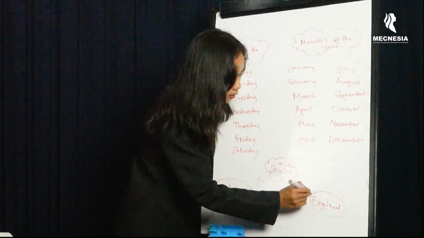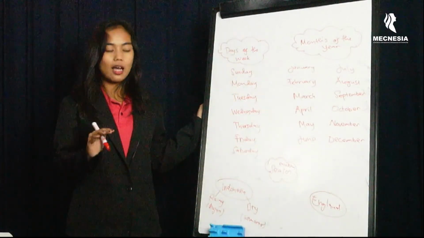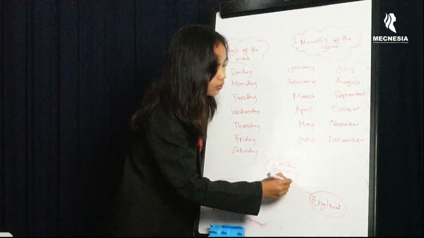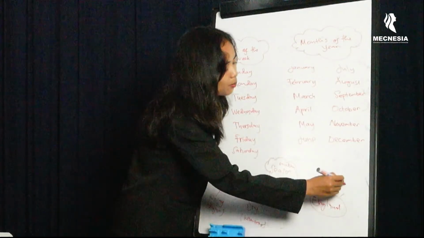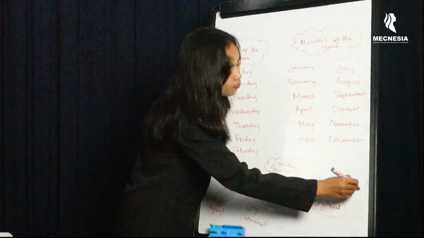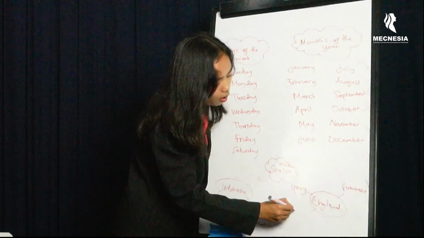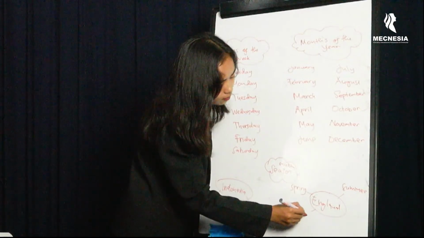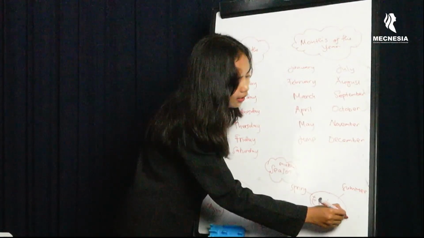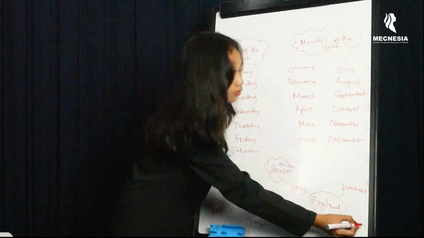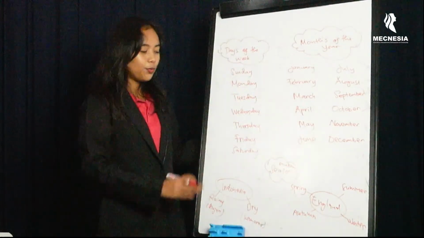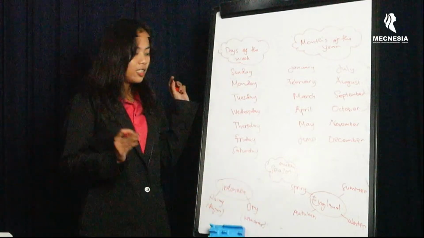In England, there are 4 seasons. Ada 4 musim. The first is spring, summer, autumn, and winter. Winter with R. So, first, spring.